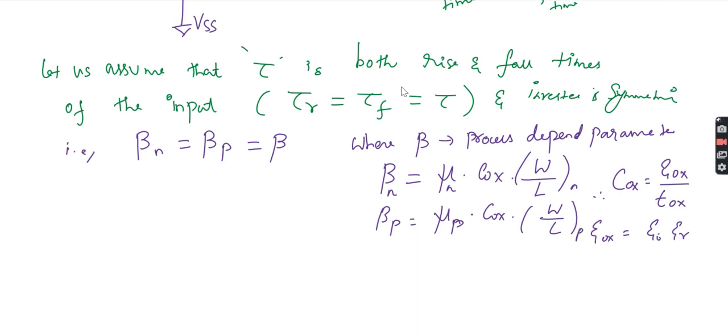So this we are taking as beta. And the threshold voltage: for NMOS the threshold voltage is positive, for PMOS it is negative. So we take VTn equal to minus VTp, and consider it as VT. These are the parameters we have taken.